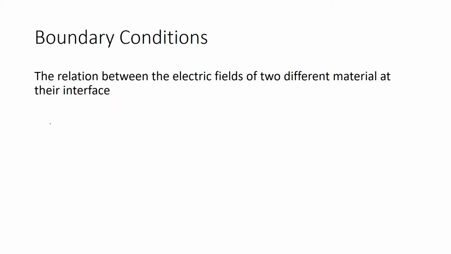The need for discussing these boundary conditions is, assume that a point source has created an electric field around it. Electric field would be directed radially outward. Now imagine that this is placed inside a particular medium.